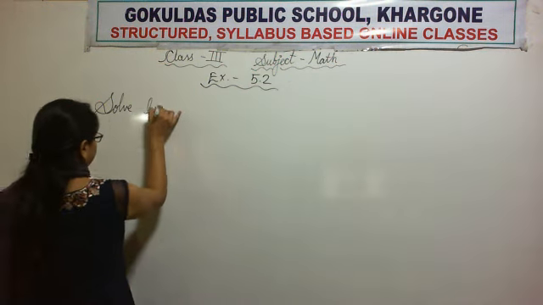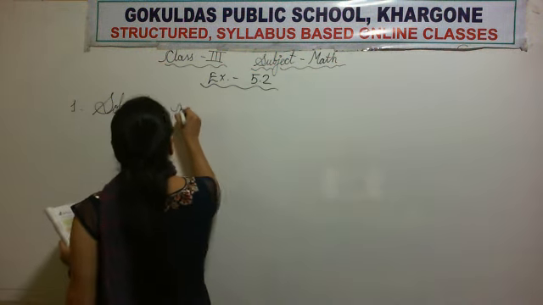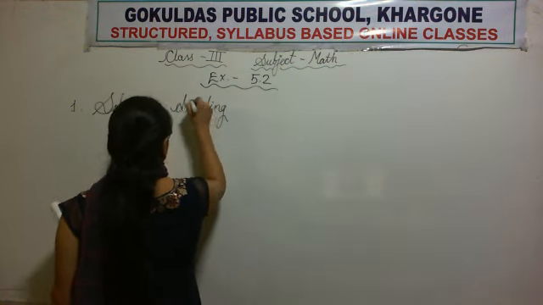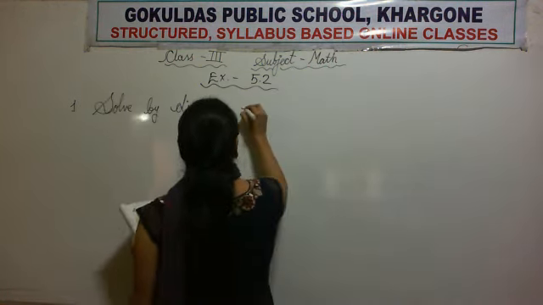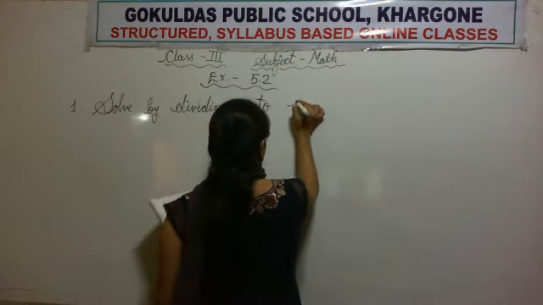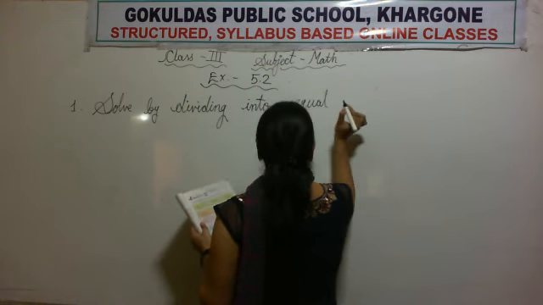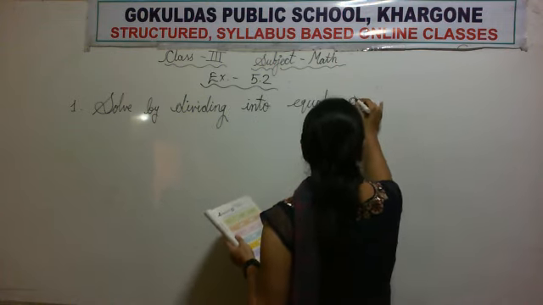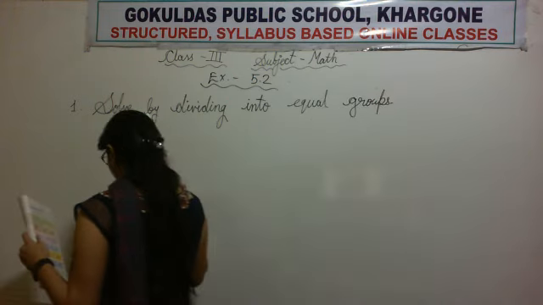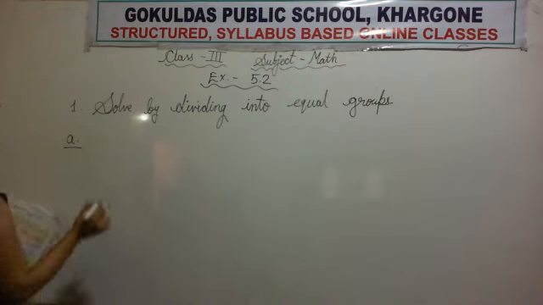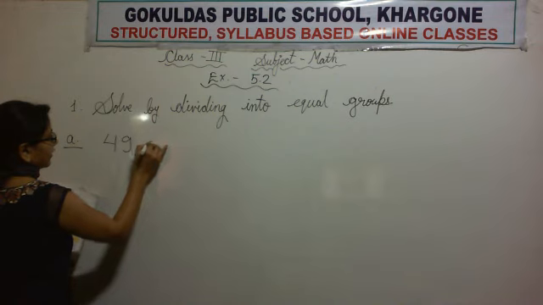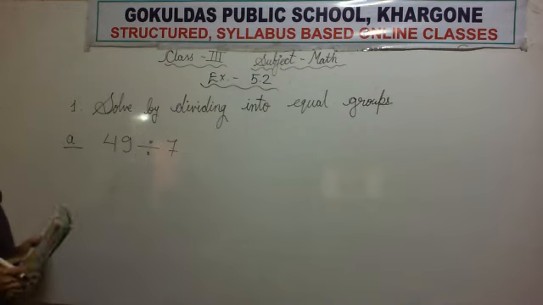Solve by dividing into equal groups. Okay, so part A, 49 divided by 7.